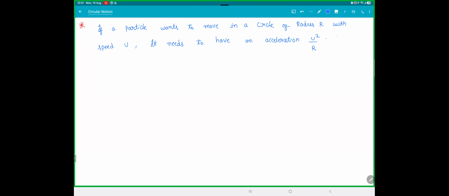And this acceleration won't come just like that. It has to be provided by someone. This has to be provided by an external force, right? You won't get acceleration just like that, free of cost. This force is called centripetal force. Whoever provides the force to make you go in a circle is called centripetal force. So centripetal force is not some new force.